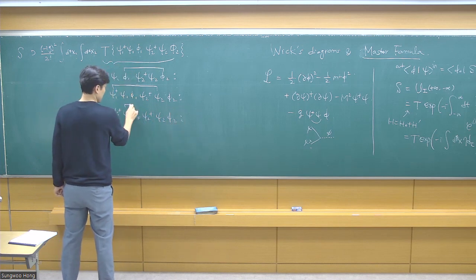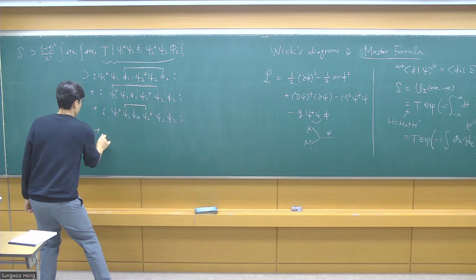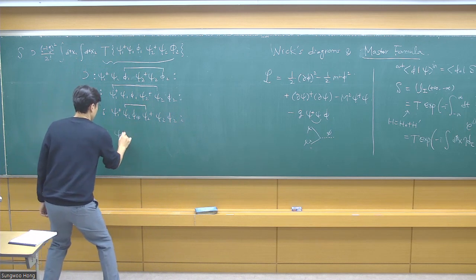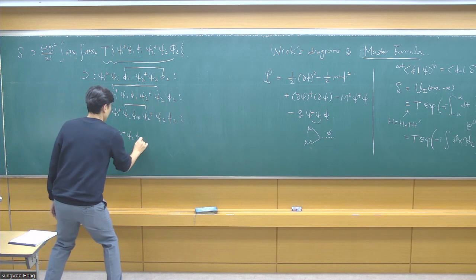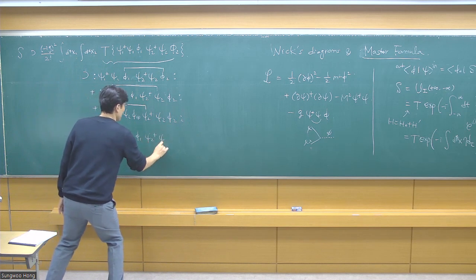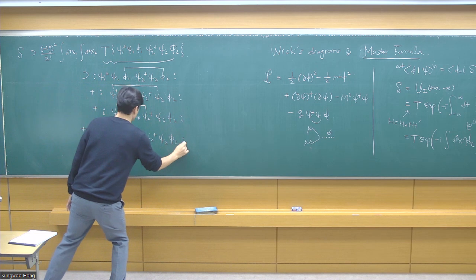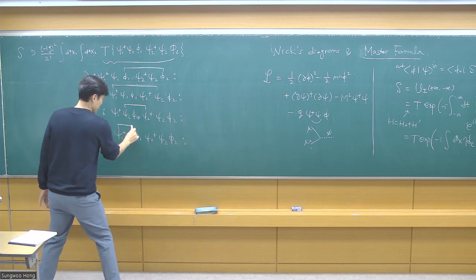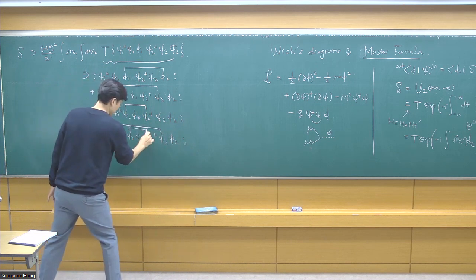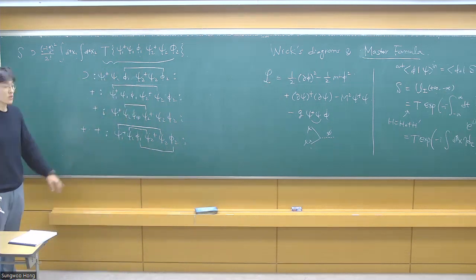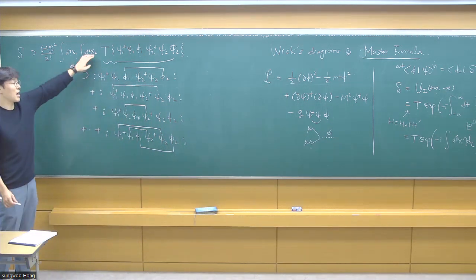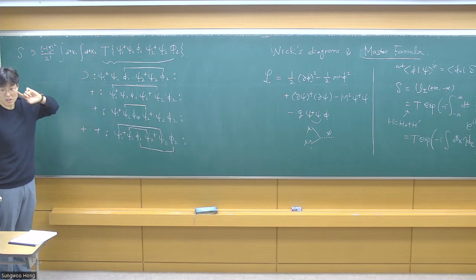It's too much, it was like everything, but there's a reason why, so let's not write this much. So you know that these are included in this time ordering according to Wick's theorem that we just did.